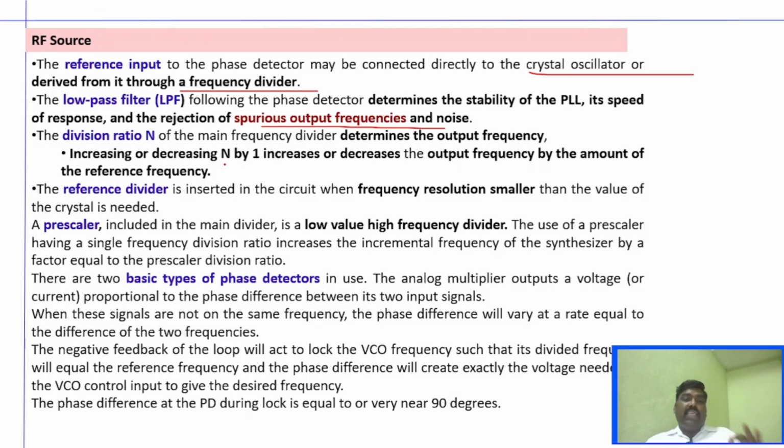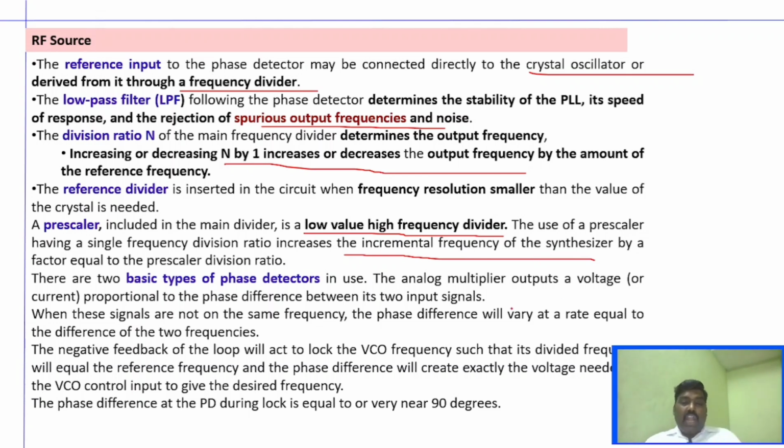Increasing or decreasing N by 1 increases or decreases the output frequency. Similarly, the prescaler acts as a low value high divider and increases the incremental frequency of the frequency synthesizer. And when it comes to the phase detector, as I said, it can be of two types.